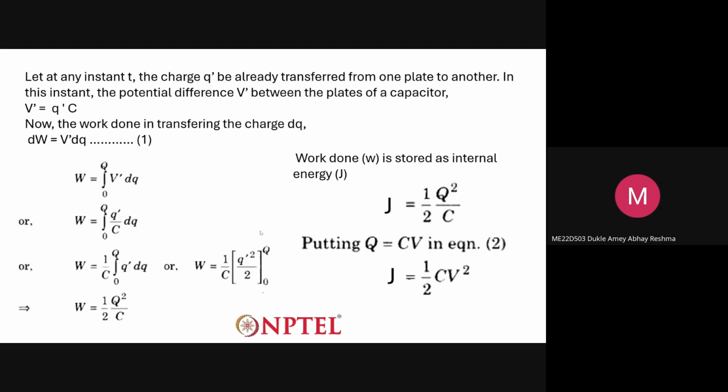From that, the equation we get is half q square by C. But q is equal to CV, as we know already from the previous equation.